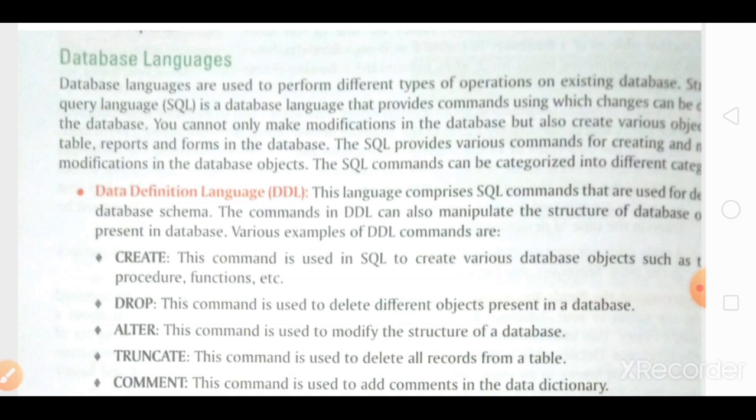So what is the structure of the table? Structure of the table means the total number of columns that you have created, the data types that you have created, the type of values you are going to store in the table. All these things are predefined and defined by the administrator or the person who is creating that table.